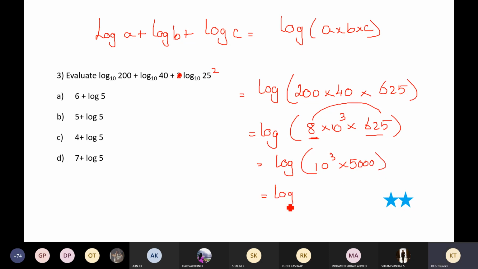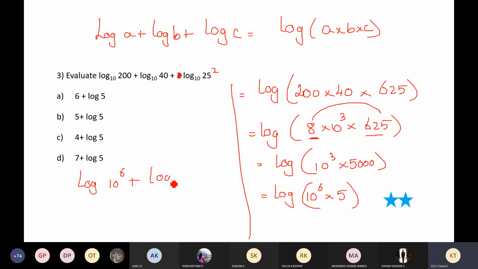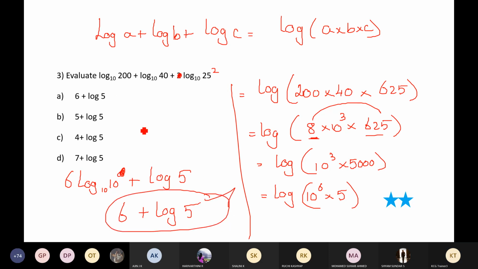So log of 10 power 6 into 5. Now I can split them. Log of A into B, I can write as log A plus log B. So log of 10 power 6 plus log of 5. What is log of 10 power 6? If I take 6 to the front, log 10 to the base 10 is actually 1. So this is 6 plus log 5. The answer is the first option.